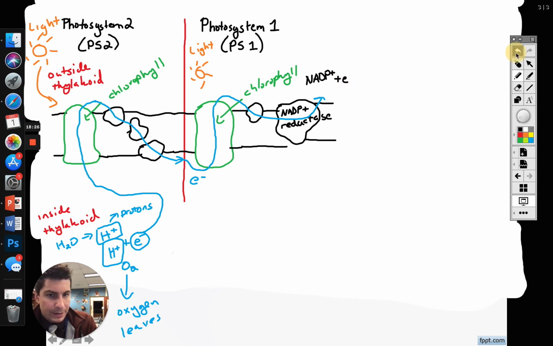Let me make that E the blue color because we've been using that the whole time. And we are going to form with those two NADPH. And that is our goal of photosystem number 2, or number 1, I'm sorry.